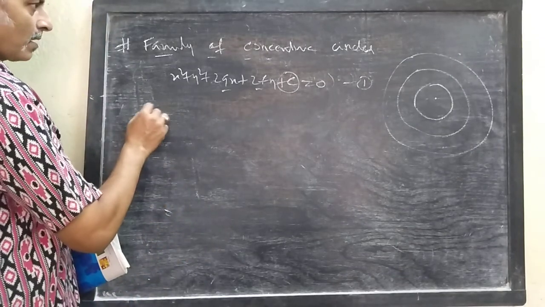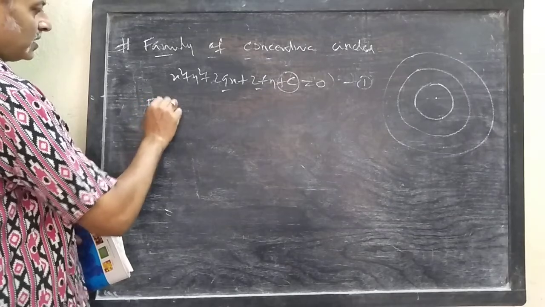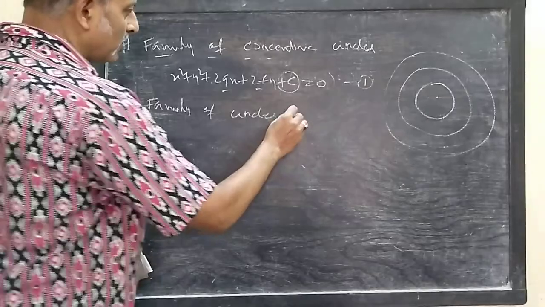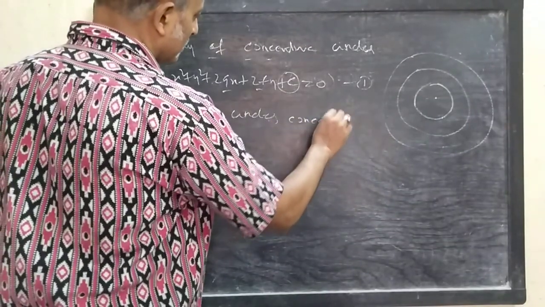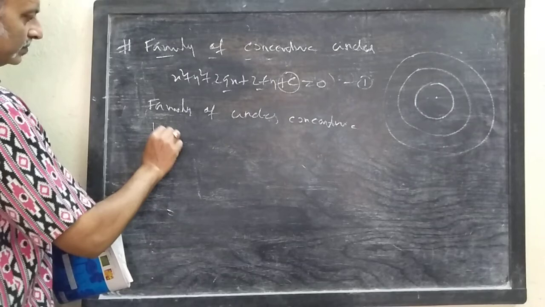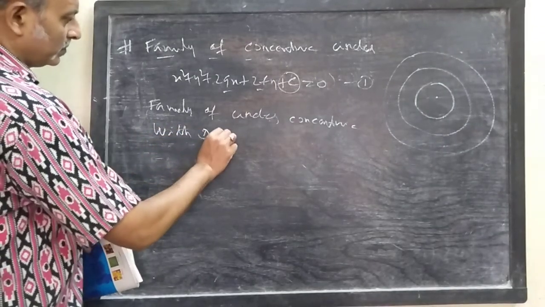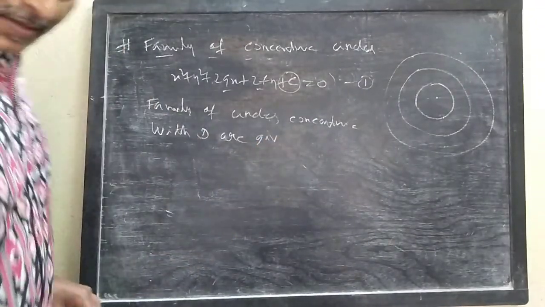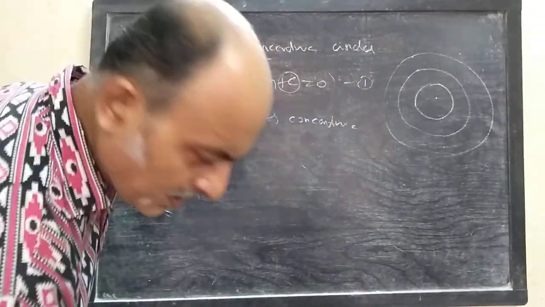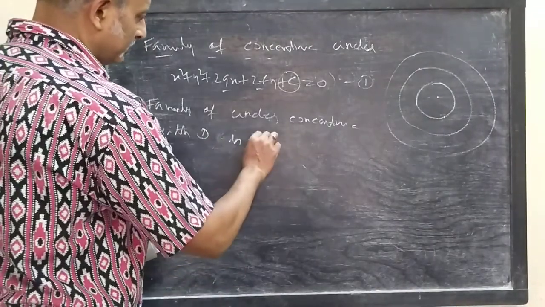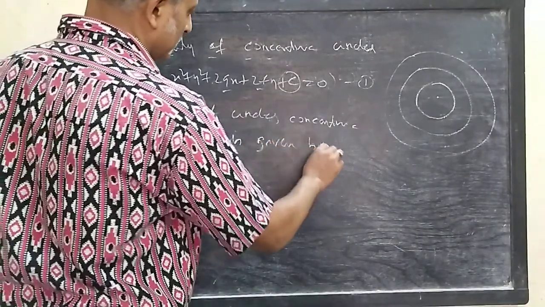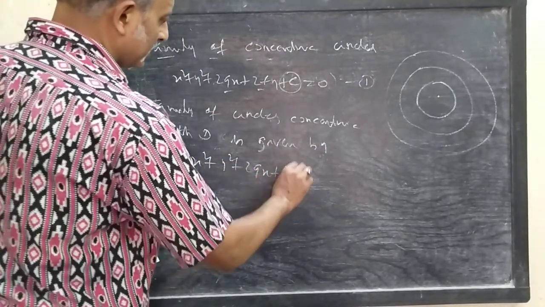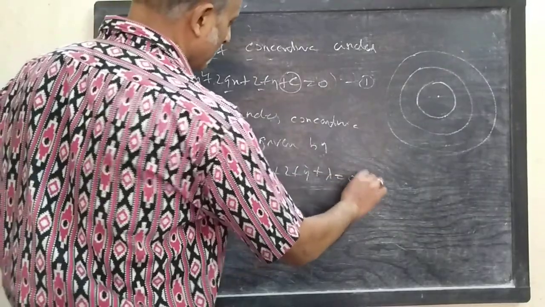So the family of circles concentric with circle 1 is given by x square plus y square plus 2gx plus 2fy plus lambda equals 0.